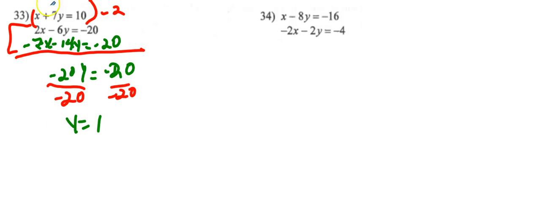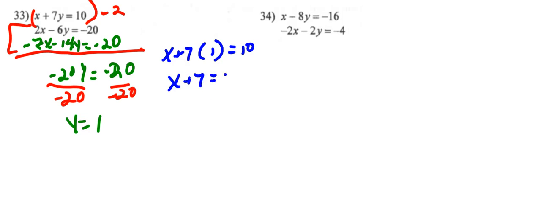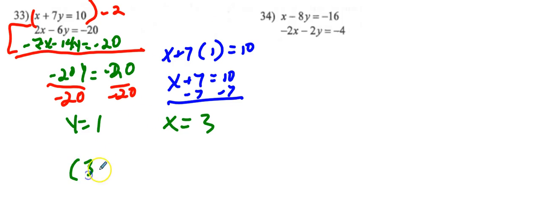So we're going to plug the y back into either equation. I'll just use the top one. So that's x plus 7 equals 10. Minus 7, x equals 3. So we write that in coordinate form, 3, 1.